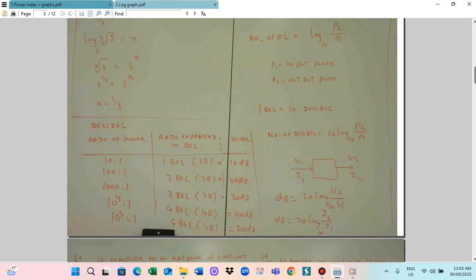For the voltage, dB is equal to 20 log V2 by V1. Also dB is equal to 20 log I2 by I1. By this way you can calculate the decibel.